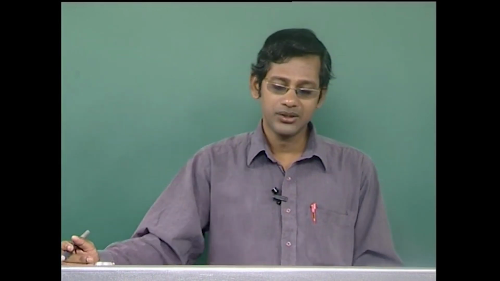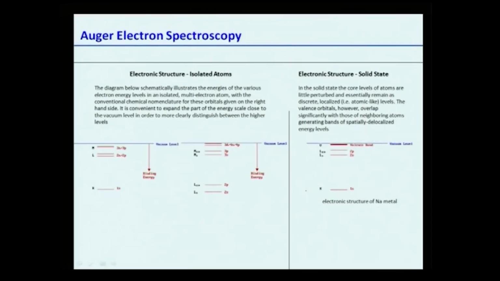So, depending on the energy levels, we can split the electron energy levels into different shells, like this one shown: K, L, and M. K shell has 1s electrons, that is the inner shell or core electron shell. L shell has 2s or 2p electrons. M shell has 3s, 3p electrons.